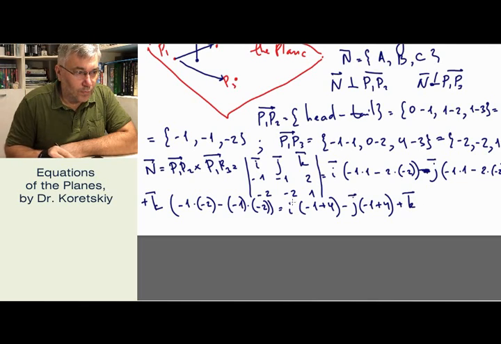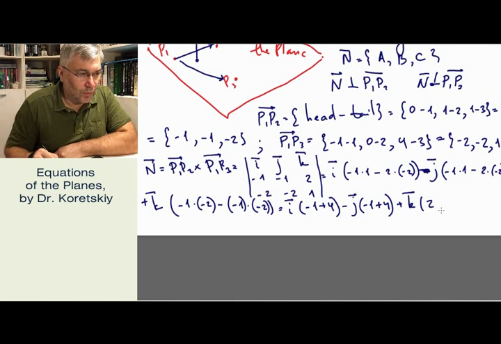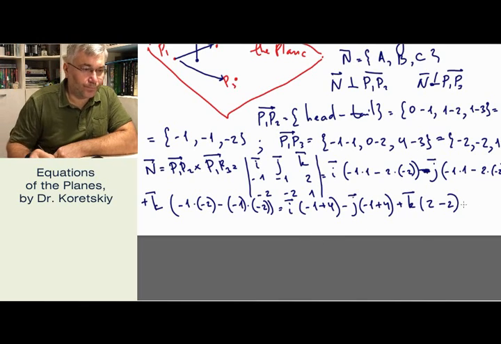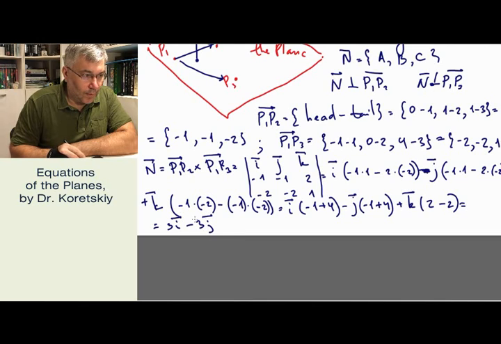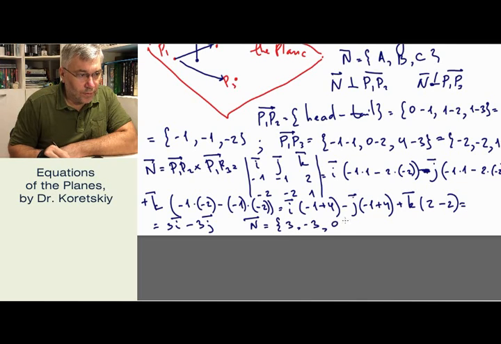Don't forget these bars because we have vectors here. So vector n has components 3, -3, 0.